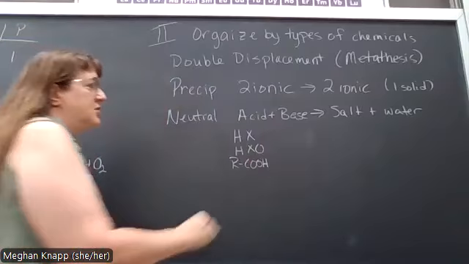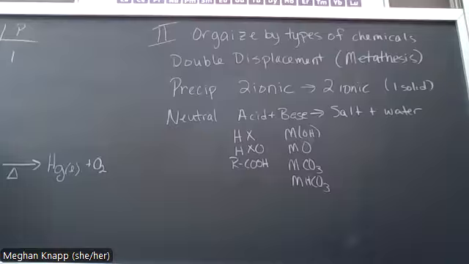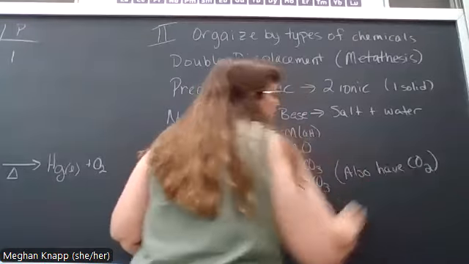Our bases are generally going to be a metal plus hydroxide, a metal plus just oxygen, because as soon as it hits water, that oxygen is going to start picking up hydrogens and form a hydroxide, or a metal plus a carbonate or a bicarbonate. And then the salt is the ionic compound, so it's going to be the metal plus whatever is after the hydrogen. But in the case of these last two, you will also have CO2 as a product.